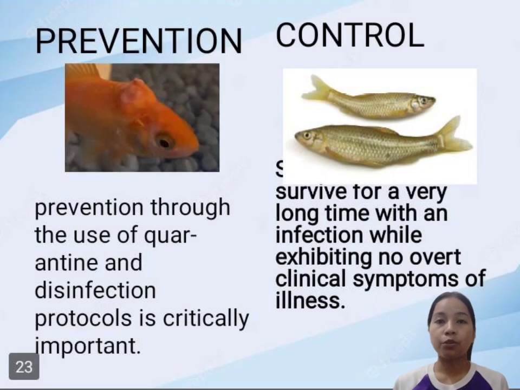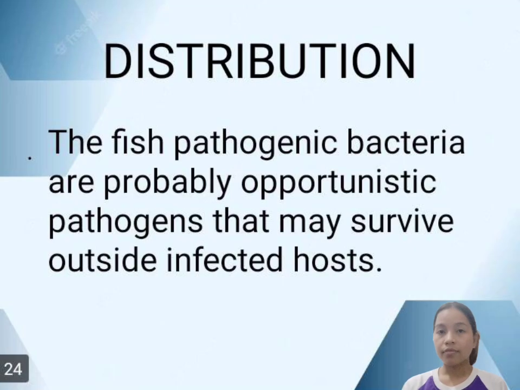So, prevention and control. Additionally, sustained political commitment, adequate funding, and strong health systems are essential for the successful tuberculosis prevention and control efforts. The distribution of Mycobacterium tuberculosis: the fish pathogenic bacteria are probably opportunistic pathogens that may survive outside infected hosts.